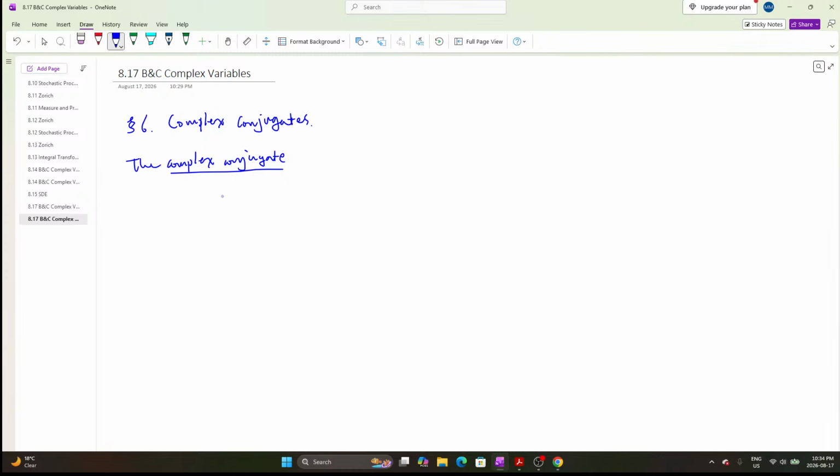This is the complex conjugate. The complex conjugate of z equals x plus iy is z bar equals x minus iy.